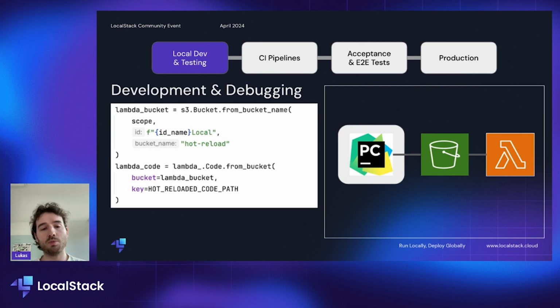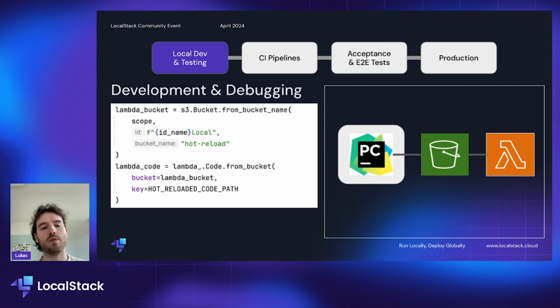For the concrete development and debugging, we make use of two very exciting and cool features. One of them is Lambda hot reloading, which I tried to depict on the right-hand side, which basically mounts files of your editor, in this case PyCharm, into an S3 bucket that Lambdas run from. And on the left-hand side, I've included the code snippet that's needed to enable that.